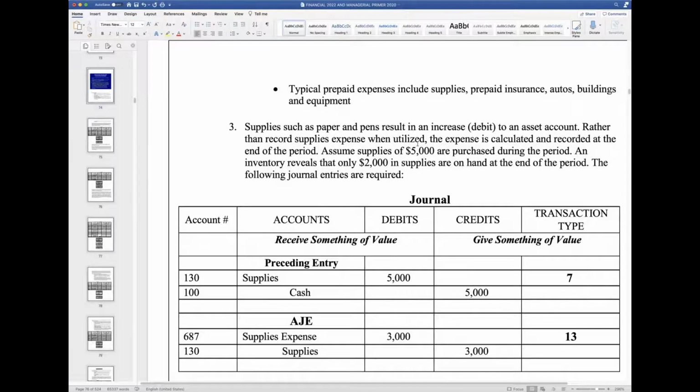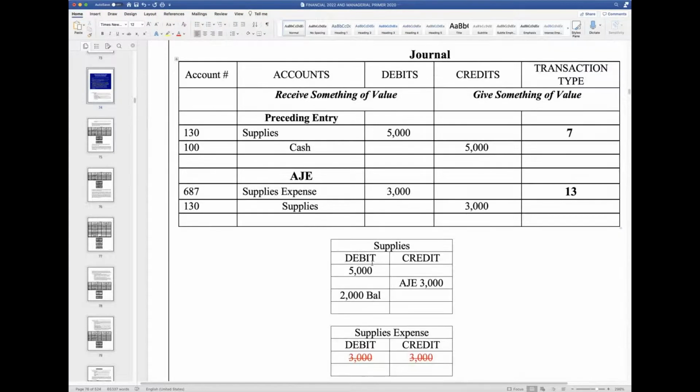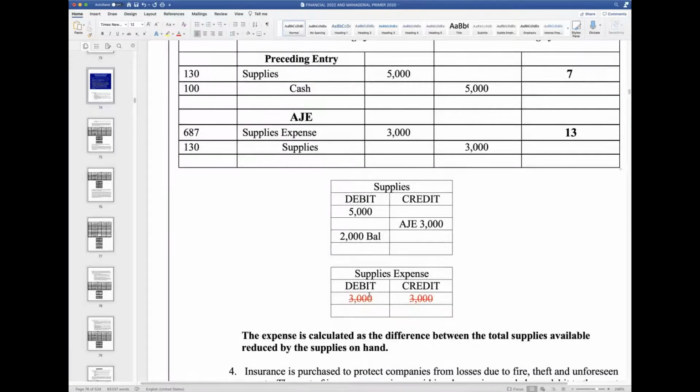And so if we have 5,000 at the beginning of the period and 2,000 at the end, our adjusting entry is always that difference. So it's not $2,000, it's the difference, 3,000. And so now instead of showing 5,000 in supplies on the balance sheet, we only show 2,000. The other 3,000 is an expense which will eventually be closed out. Any questions?